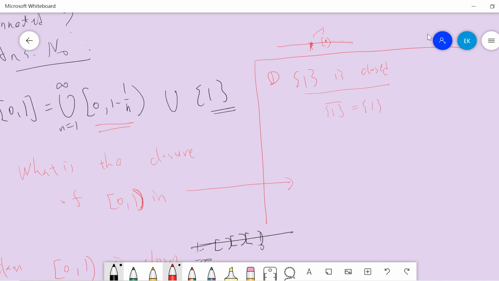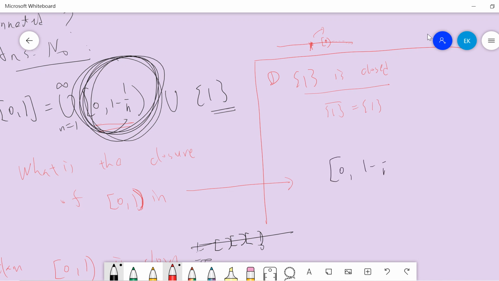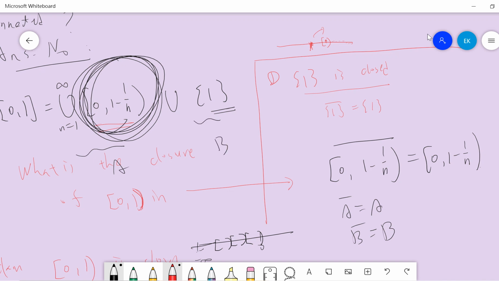This tells you that the closure of this set is itself. That means the closure of A is A, the closure of B is B, there is no intersection between A and B, and A, B are not empty.